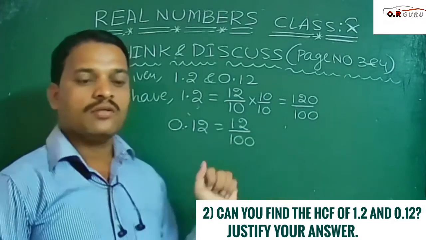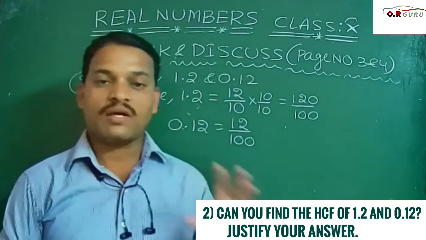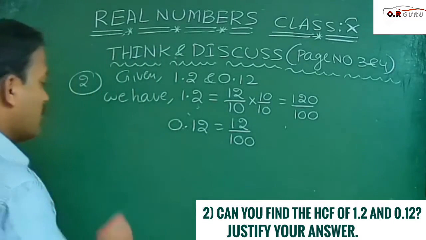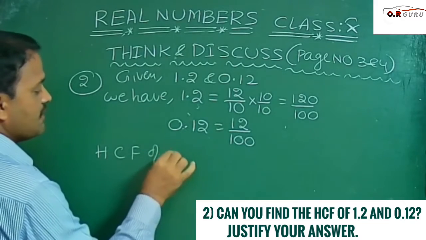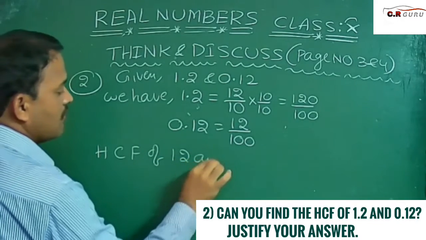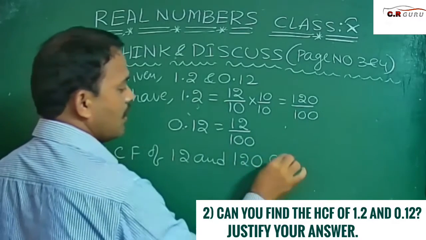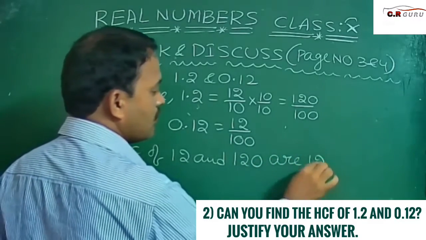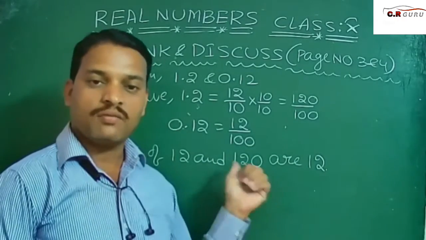Now considering the numerators 12 and 120, what is the HCF of 12 and 120? It is 12 only. Why? Because 12 into 10 is 120 only, no?